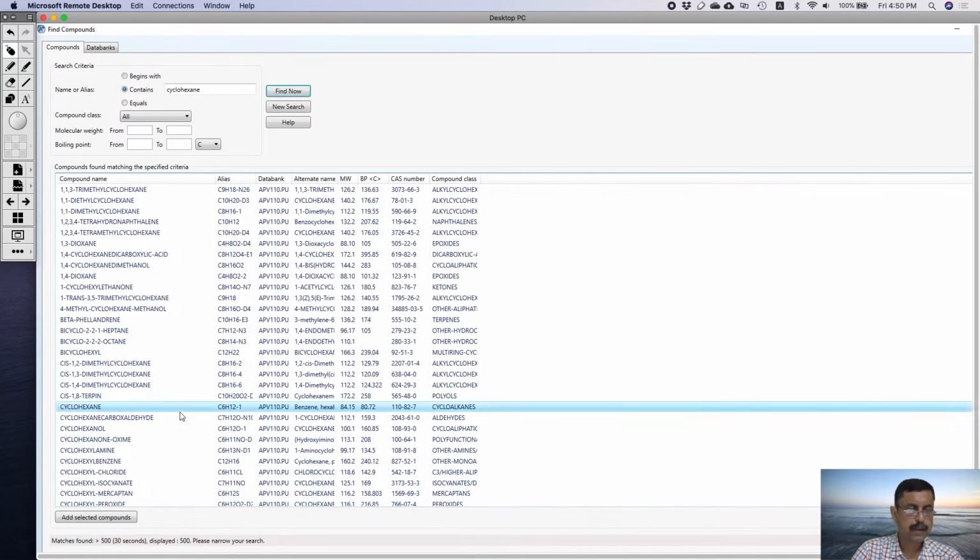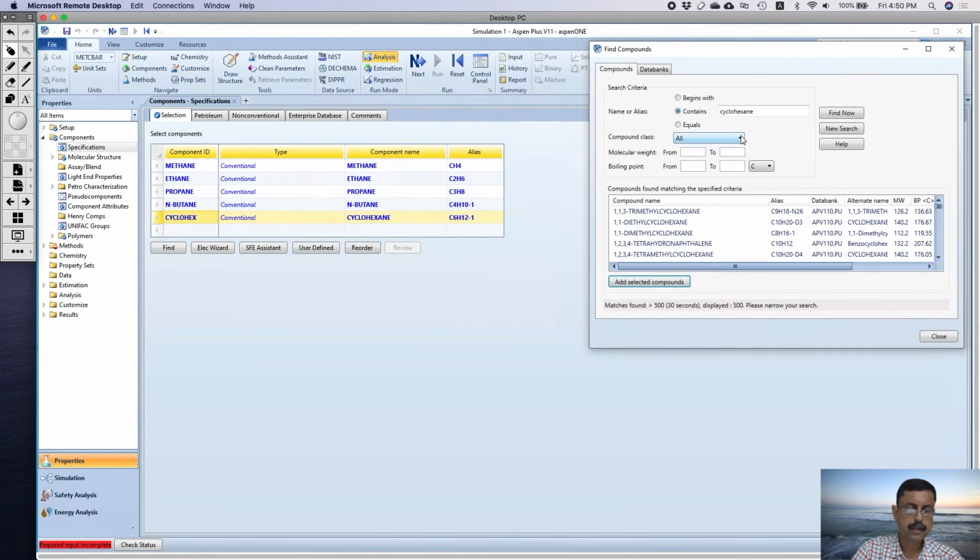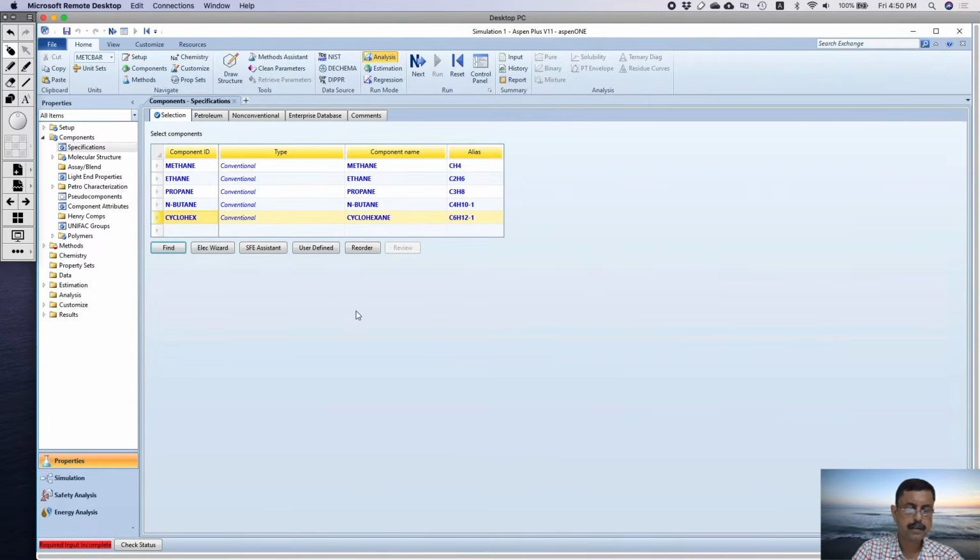So we will say add selected compound. Once we do it, you can see it has added the cyclohexane. The other two are very simple, benzene and toluene.